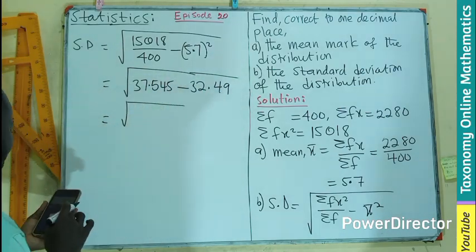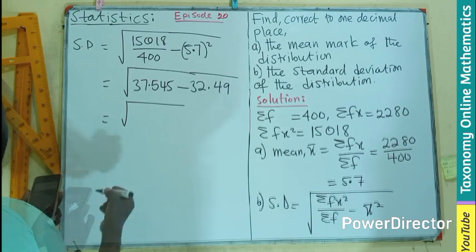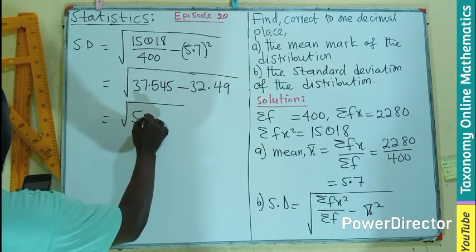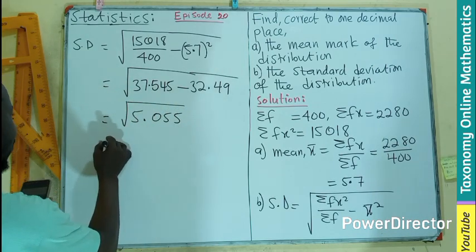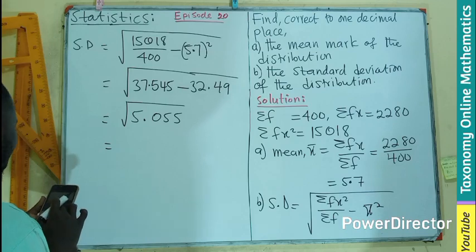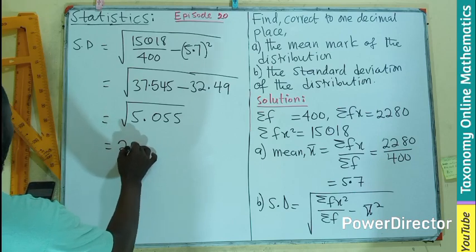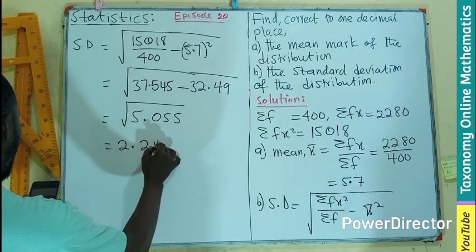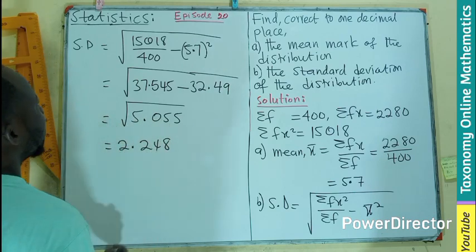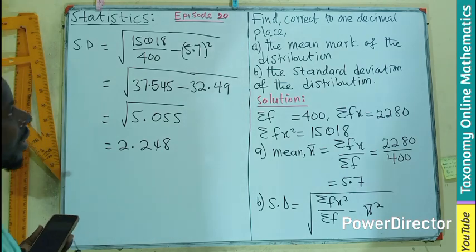Let's find that arithmetic and see. That will give you 5.055. We put that all under the root, 5.055, and that will give us 2.248.